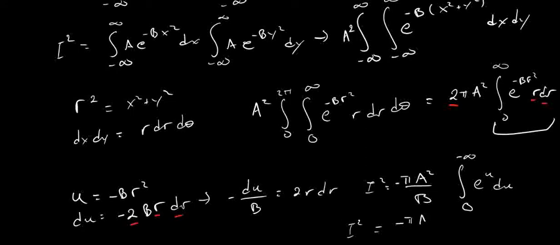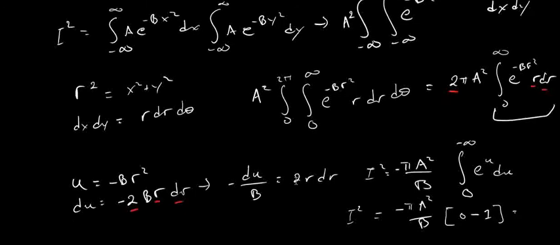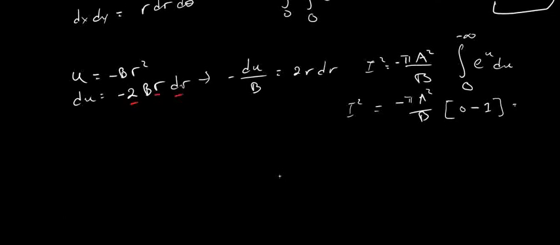Minus pi a squared over b. And now, when we plug everything in, it would be 0 minus 1. So, drum roll, we get I squared is equal to pi times a squared divided by b.